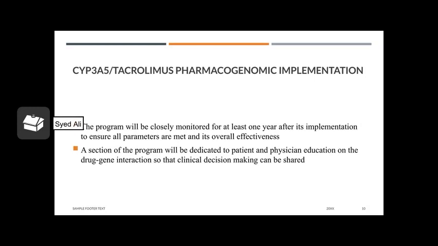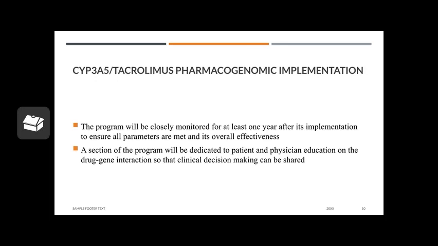The program will be closely monitored for at least 1 year after its implementation to ensure all parameters are met and its overall effectiveness. Parameters could include why the testing was done, when it was done, and what the clinical decision was based on the test.